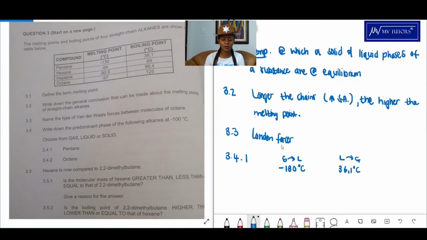There's a more formal, more sophisticated definition for boiling point. But negative 100 degrees is somewhere here. And what is common here? We see that's where the liquid is, right? So I would say for pentane, liquid.